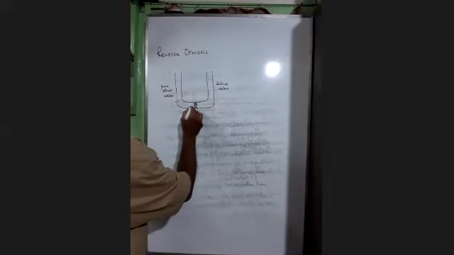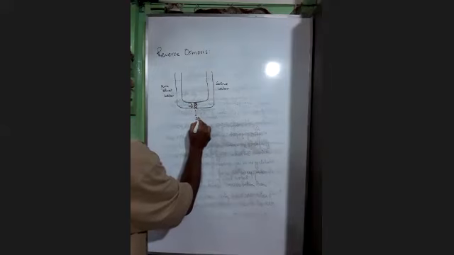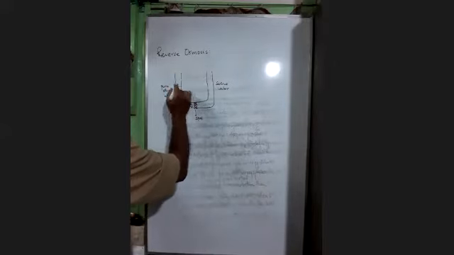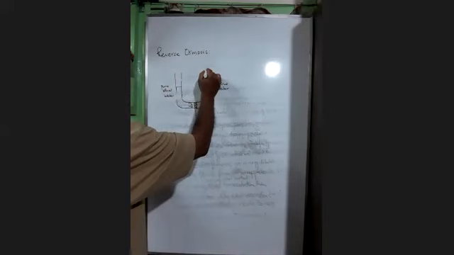Now you know, due to osmosis, what will happen? The fluid will move. This is a semi-permeable membrane, so the water will move. Gradually you will find this layer will go down and this layer will go up.